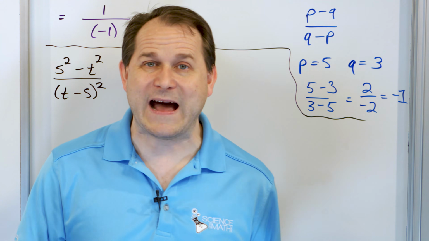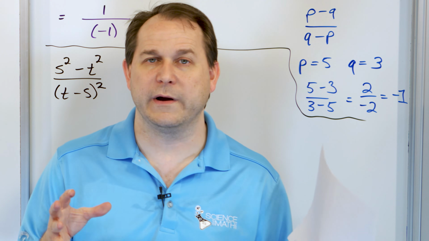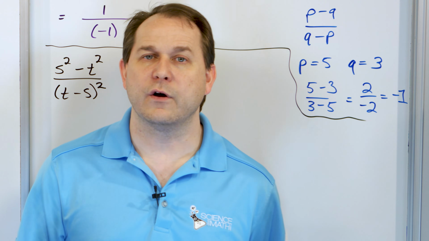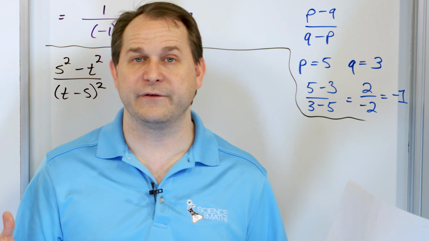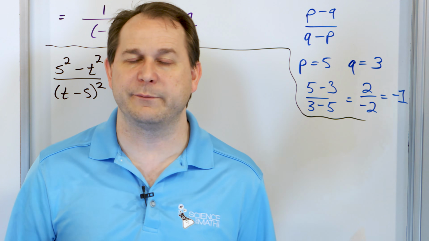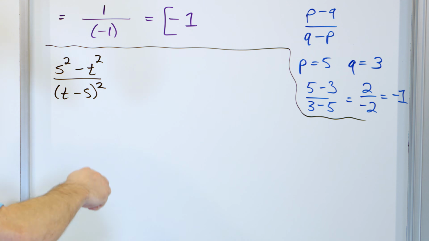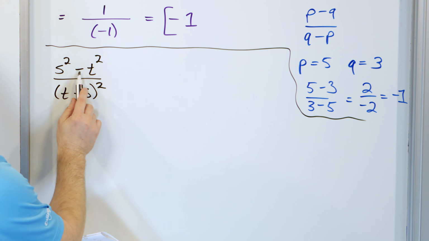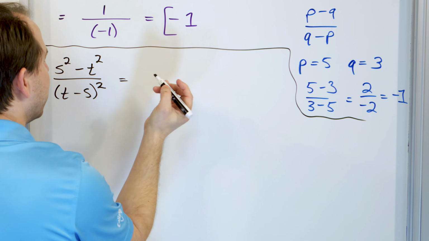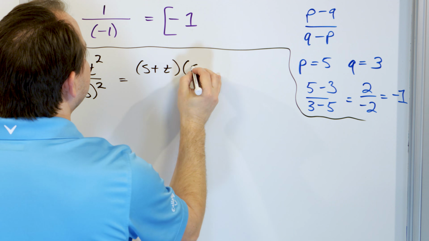And we use it to factor expressions that fall into that certain category. It's used a lot. So if you haven't ever heard of the difference of two squares, go back to my lessons and watch it, because it's very, very helpful. This is the difference of two squares because we have s squared minus t squared. We learned when we covered that it can be written as s plus t times s minus t.